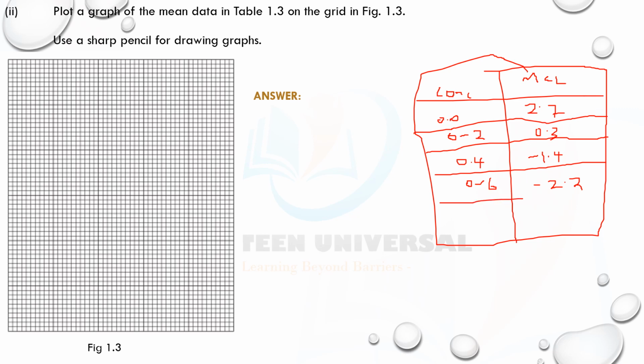Now 0.8 is the next concentration. 0.8 goes with minus 2.6. That was what we found out in our calculation. Then the last concentration, which is 1.0, gives us minus 3.